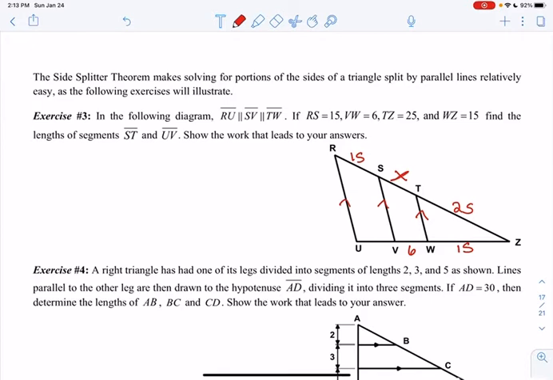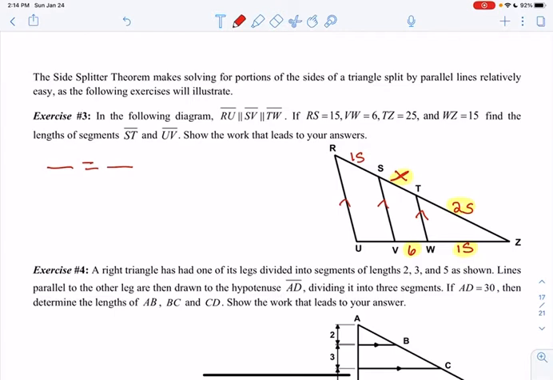One to find ST. So basically what I'll do is I'll use these sides that I'm highlighting in yellow. So the triangles are similar. Now, why are they similar? Because those lines are parallel, therefore those corresponding angles are congruent. Since the triangles are similar, those sides are in proportion.